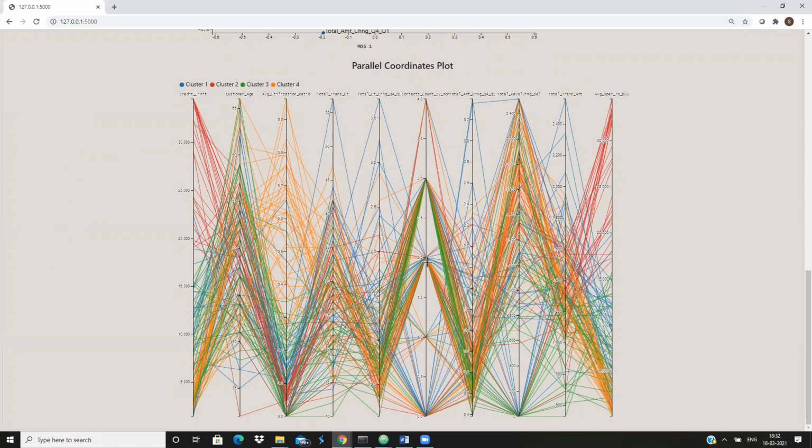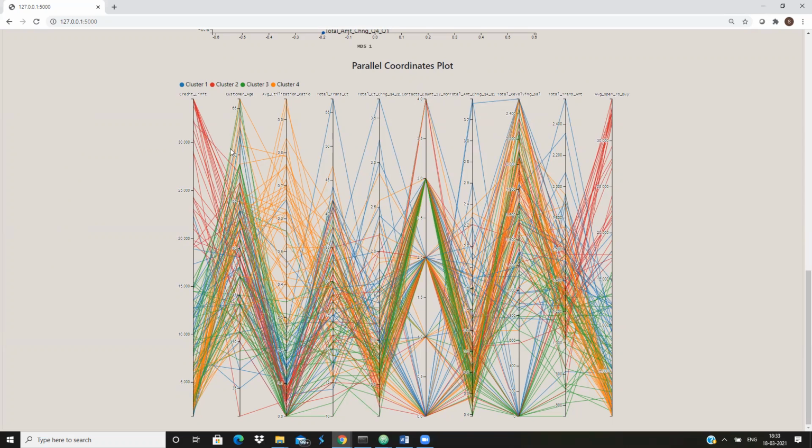So in this graph, I've also implemented the brushing, which is a technique in which you can choose a particular part of the graph and try to understand the data points in that particular part of the graph. So note that each of these lines is one data point. So let's say one of the data points starts from here.